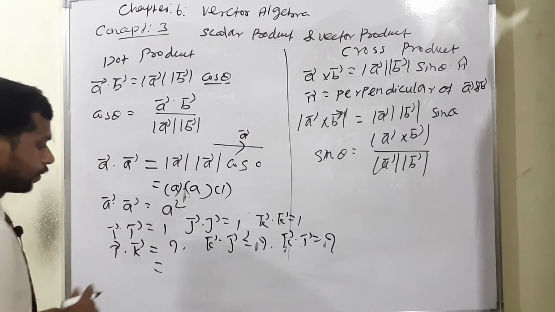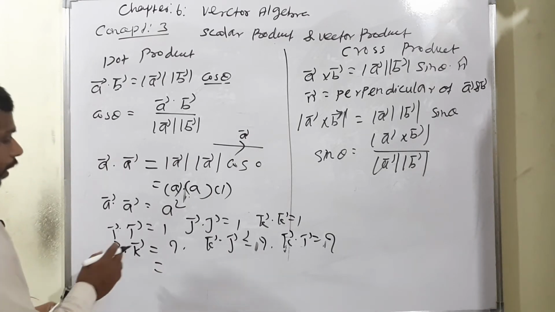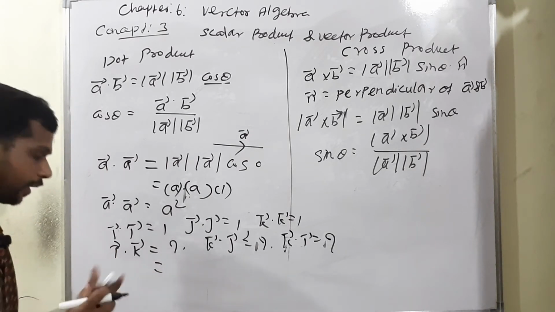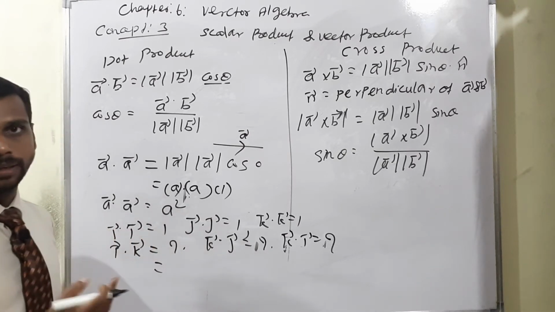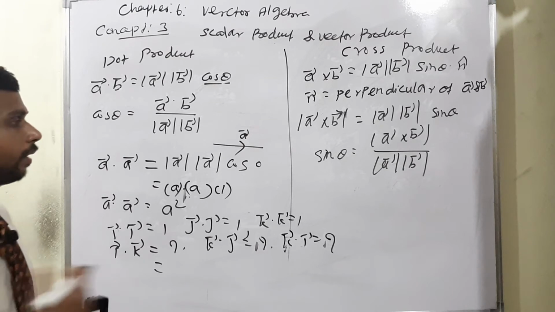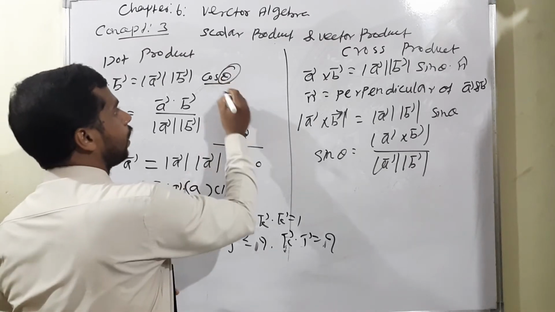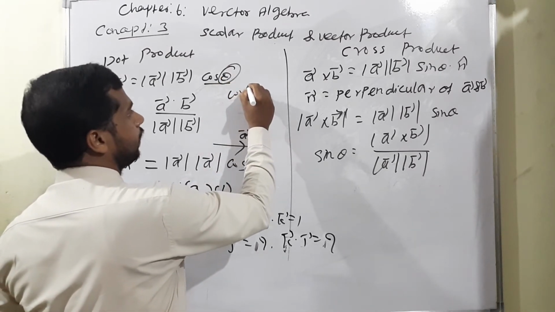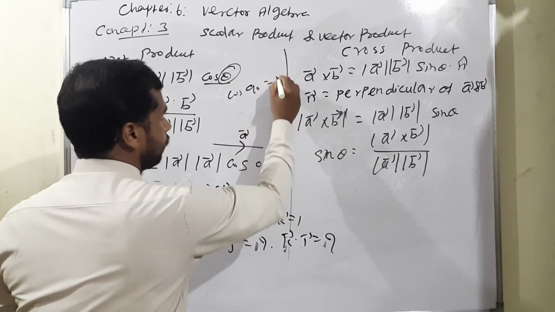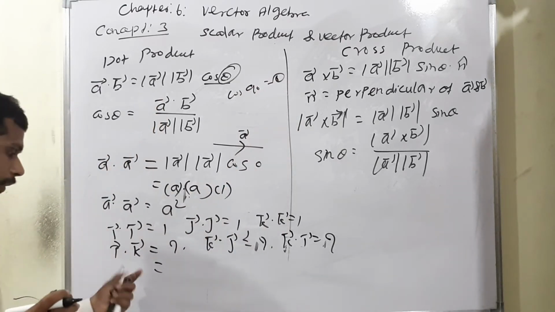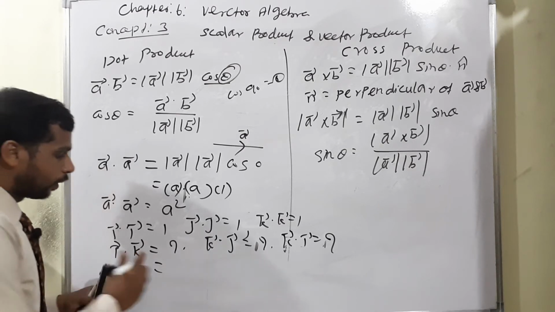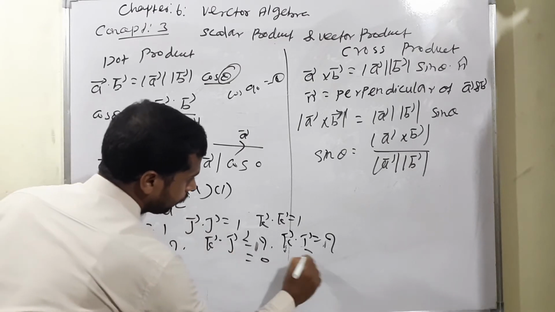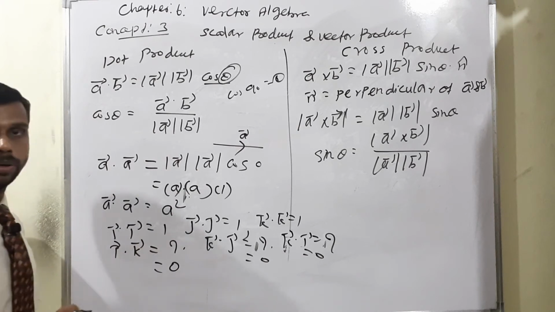If the result is 0 for two different terms, they are perpendicular. Perpendicular means 90 degrees, which is pi by 2. Already we know cos pi by 2, that is cos 90 degrees, is 0. That's why for the dot product of two different unit vectors the value is 0. Here also 0, here also 0. That is also one of the important points.